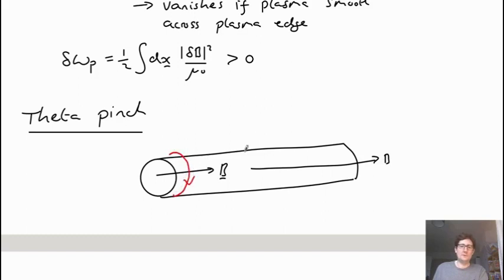Current is running around here. This is J, and the net force is inwards, and this is just the diamagnetic current. Then if you want to compress the plasma, you increase the magnetic field and cause inward compression.